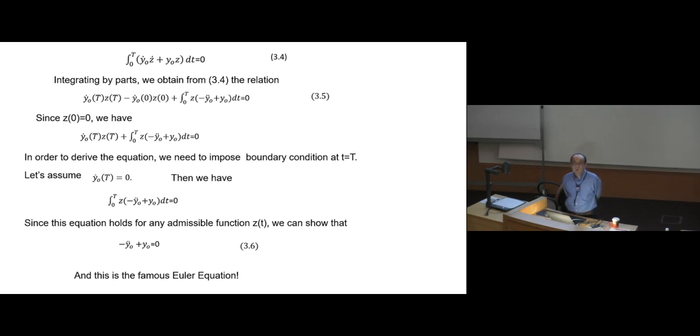Here, the solution itself is not a point. It's a function. So the equation cannot be a simple algebraic equation. We're looking for a function. That's why finally we end up with a differential equation.